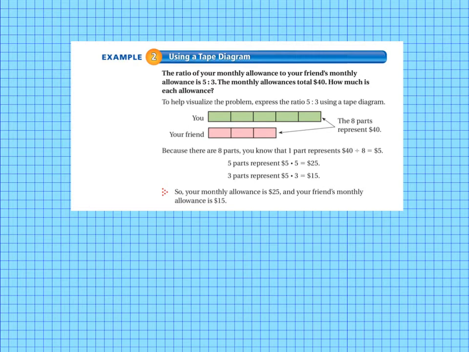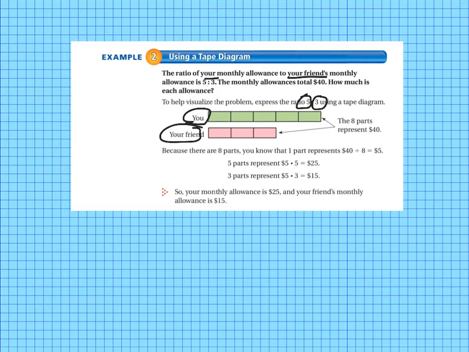So you have to label it, you and your friend, and you make it so that you have 5 boxes because you are the 5 and your friend is the 3. Because they said the ratio of your monthly allowance to your friend's monthly allowance.